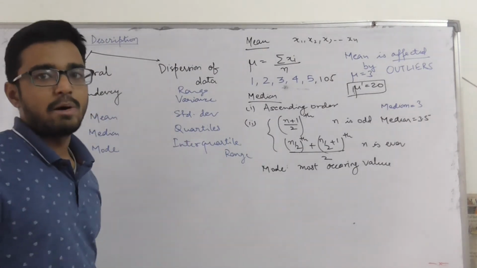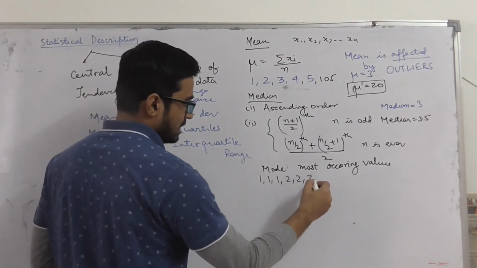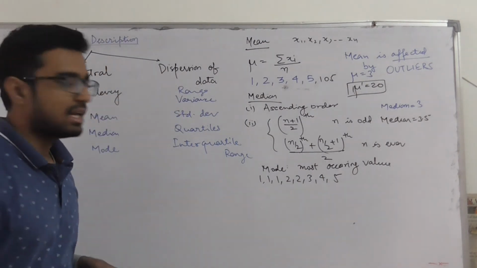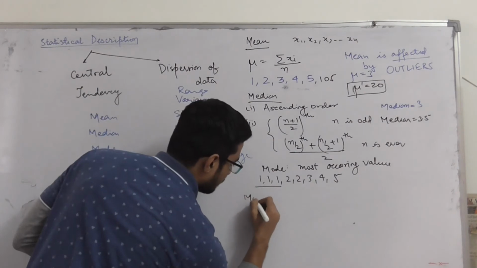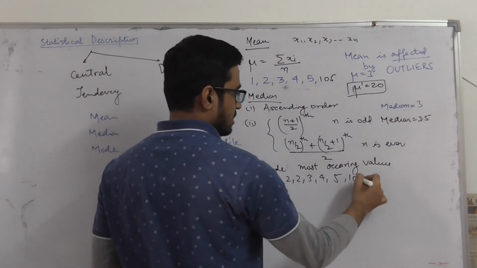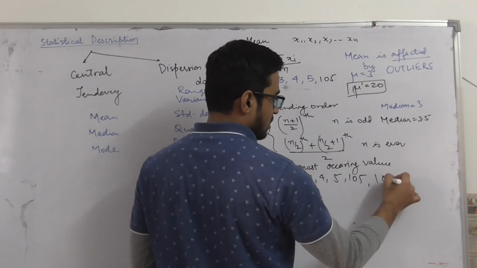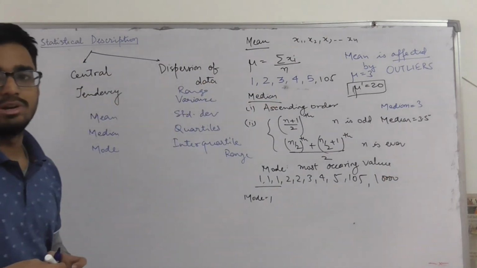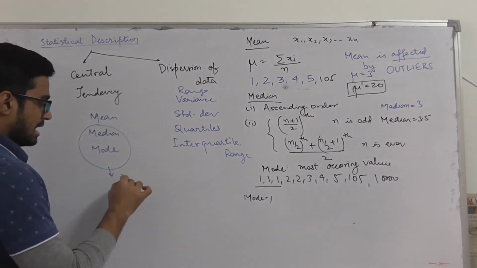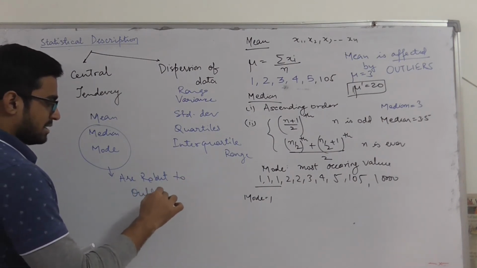Now let us check the mode. If we have 1, 1, 1, 2, 2, 3, 4 and 5, then the mode is the most frequently occurring value, that is 1. Now if I add 105 here, my mode will not change. If I add another outlier, 1000 or 10,000, my mode will still not change. Hence I can say that mode and median are robust to outliers.